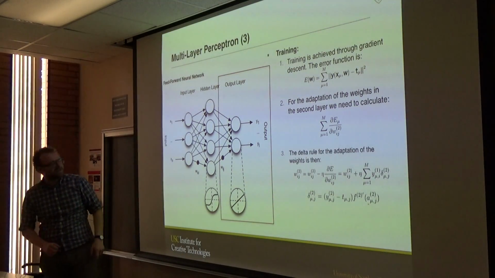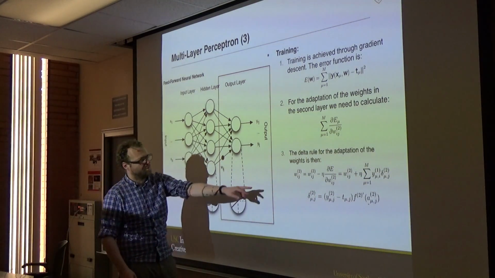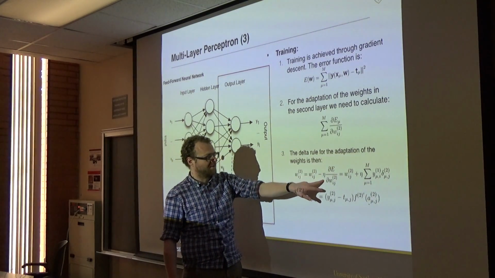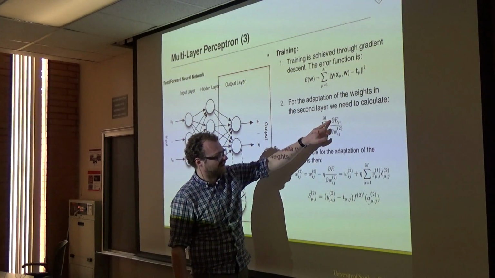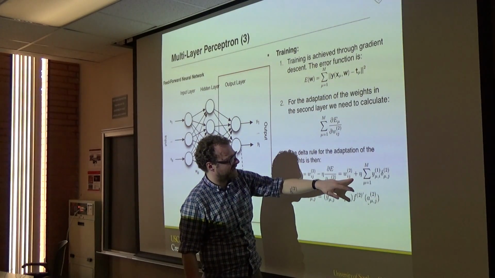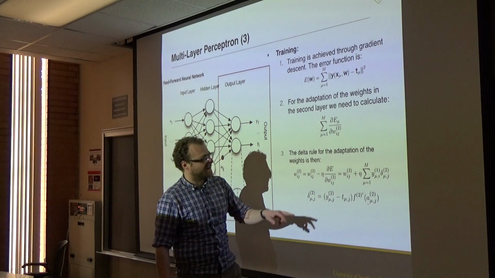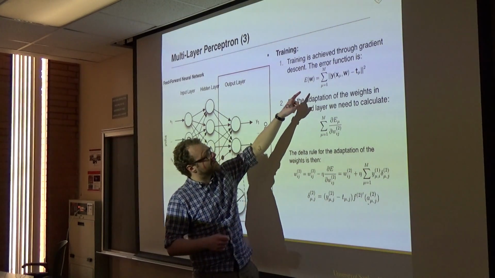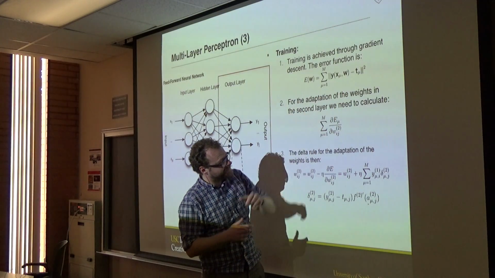And that looks like the following. The new weight is equal to the old weight minus the learning rate times the partial derivative up here, and basically that is defined as follows. So we have this function here.